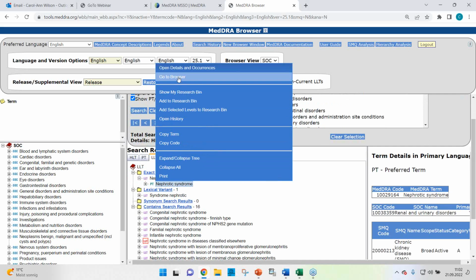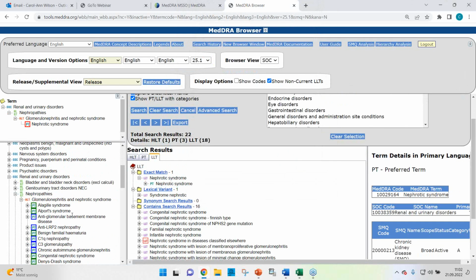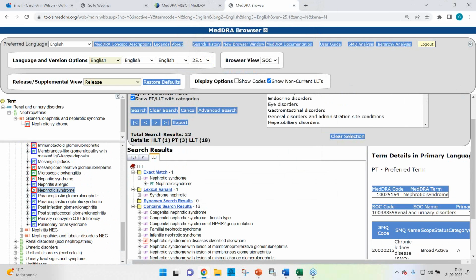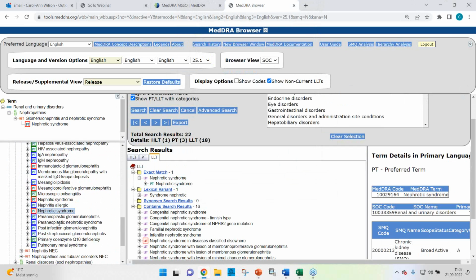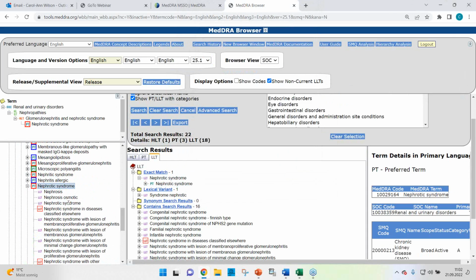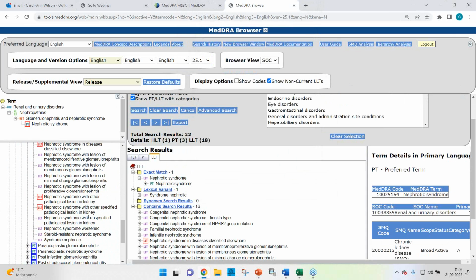If I do a right mouse click, say go to browser, we see it only has one SOC renal. Here we are under glomerulonephritis and nephrotic syndrome. It's the HLT under nephropathy. And nephrosis, nephrosis osmotic, nephrotic syndrome, and very specific ones. Also the nephrotic syndrome worsened.